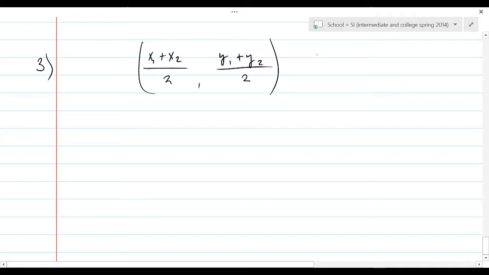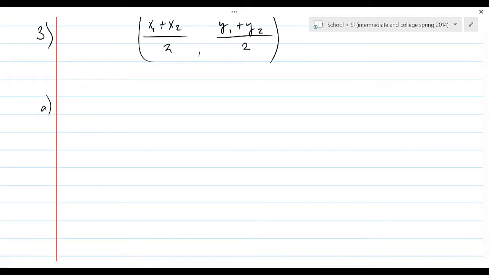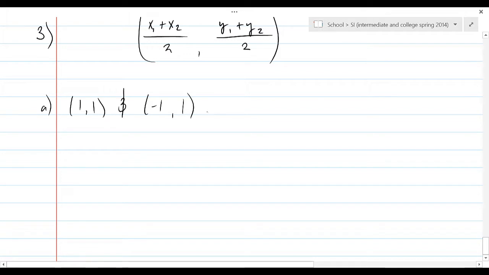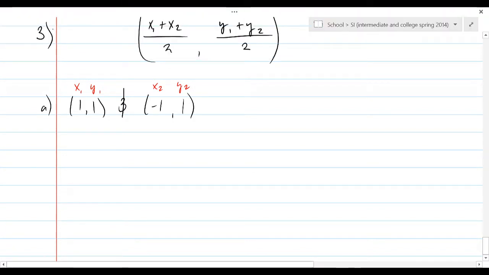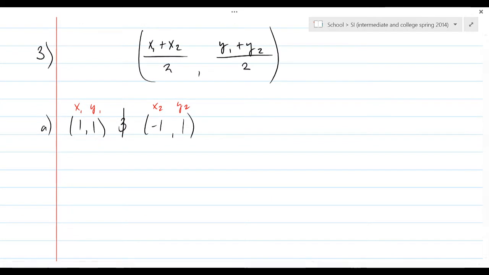So let's start with number 1, letter A. We've got the endpoints 1, 1, and negative 1, 1. Let's go ahead and label these: x1, y1, x2, y2, and then we plug it straight into the formula.